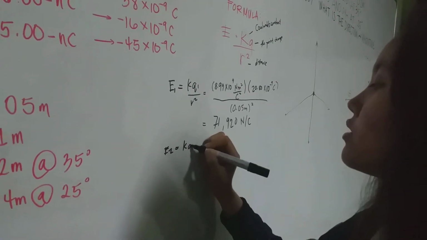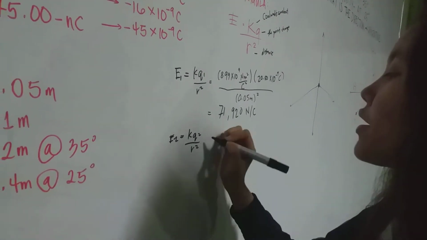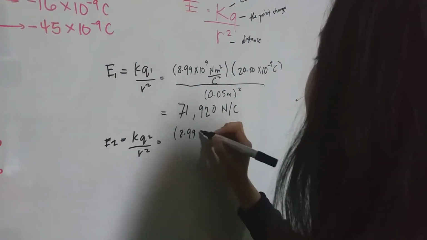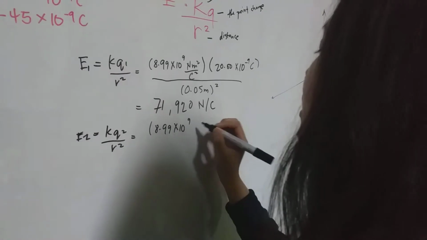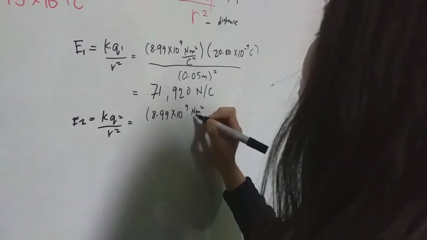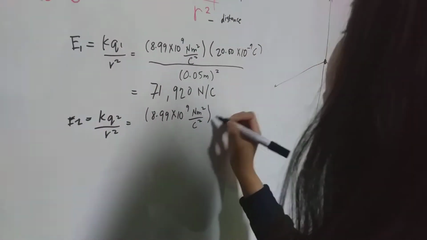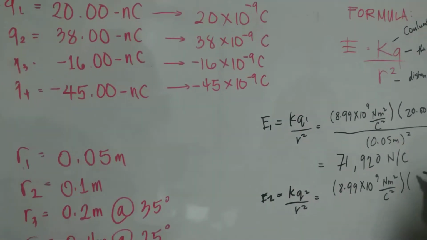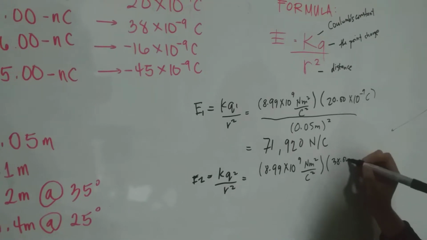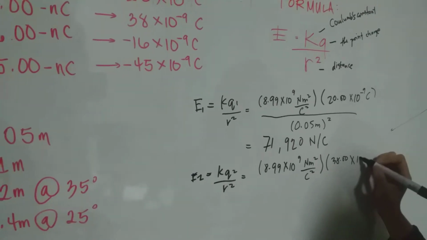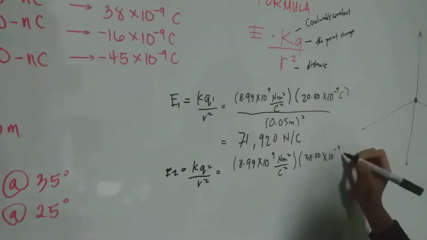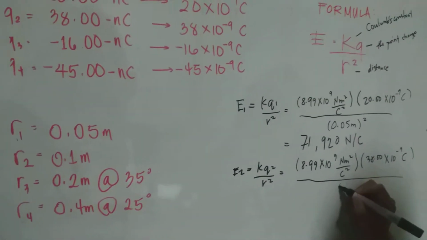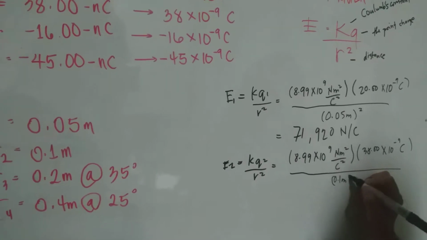For the second point, we have KQ2 over r squared, 8.99 times 10 to the power of 9 newton meter squared over coulomb squared, times the second charge, which is 38 nanocoulomb, or 38 times 10 to the power of negative 9 coulomb, over r squared, 0.1 meter squared.